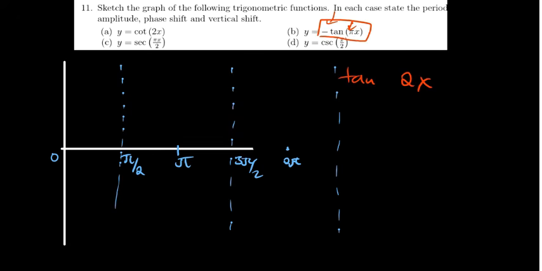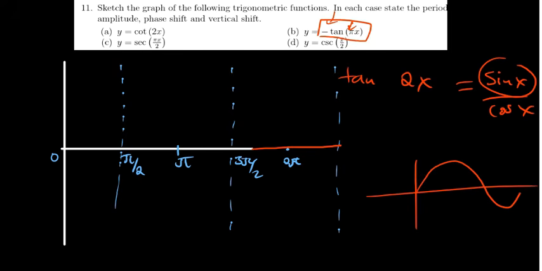So in case you are forgetting where the asymptotes are, just ask yourself, remember tan is the same as sine over cosine, right? So just ask yourself where sine is equal to 0. If you draw the graph, sine is equal to 0 at 3 identical points, at 0, at 180, and also at 2 pi. So it's at 0, pi, and 2 pi.